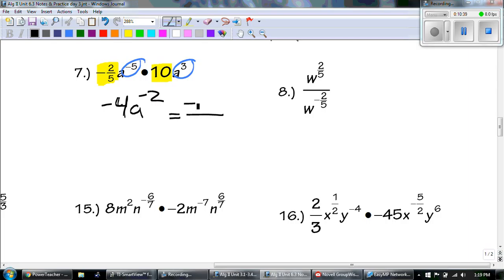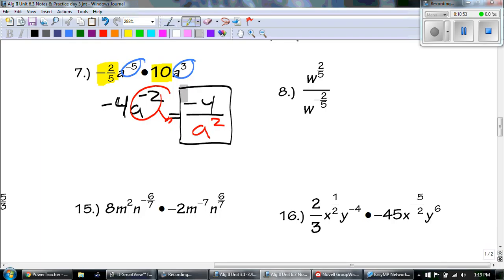And now as I start going to my final answer, my exponent's negative, drop it like it's hot. Now, if you wanted to drop it right away, you can do that. But I like to try to clean up first because, hey, maybe I'll have a positive exponent and I won't have to move it twice.